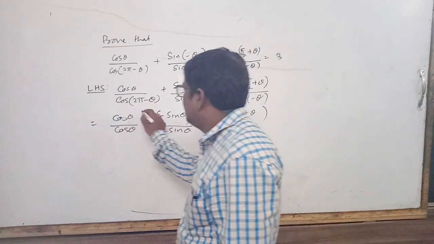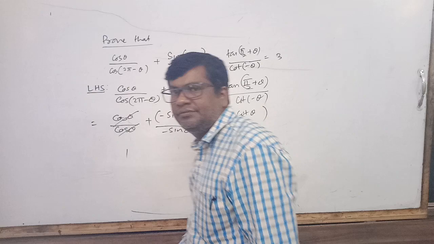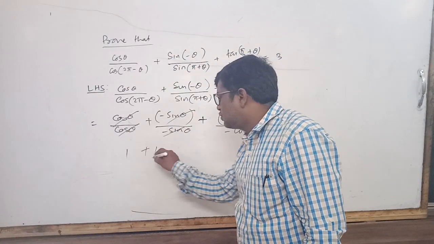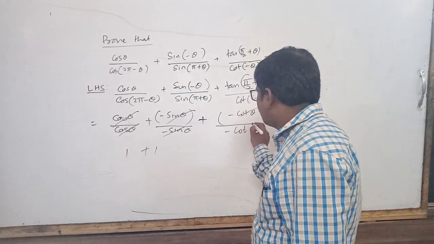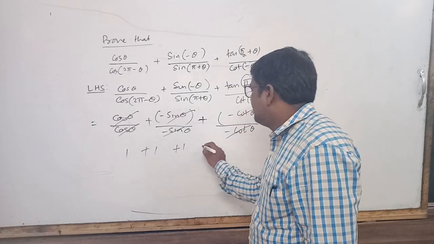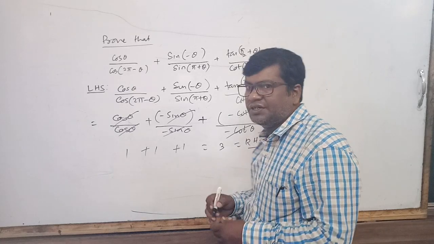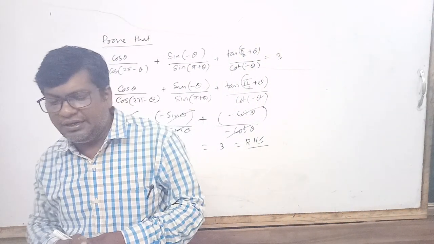So this cancels, giving 1, this cancels, giving 1, and this cancels, giving 1, that is equal to 3, RHS. Clear?